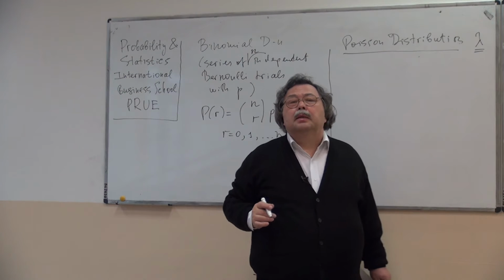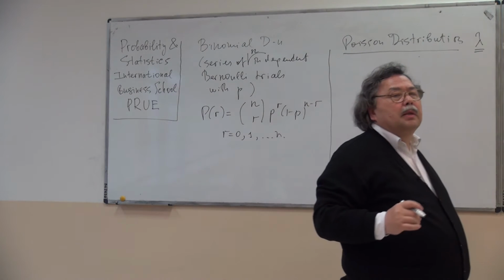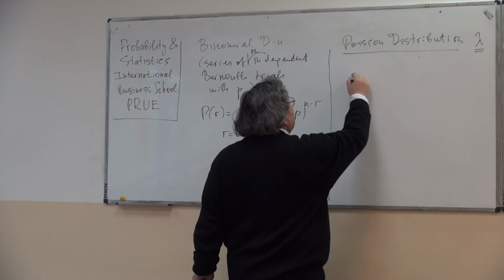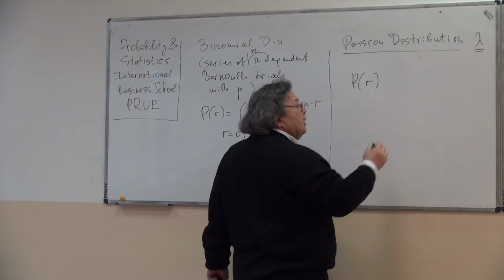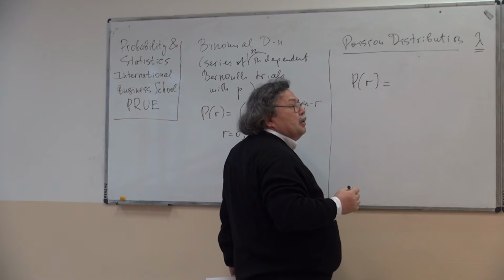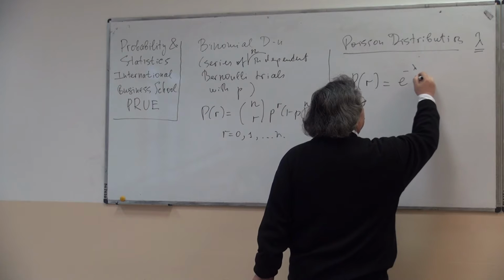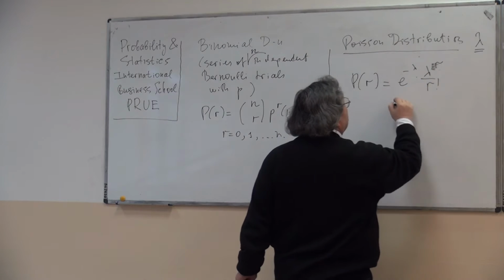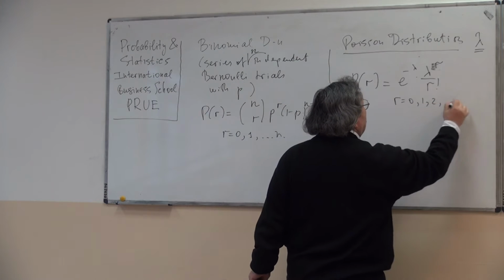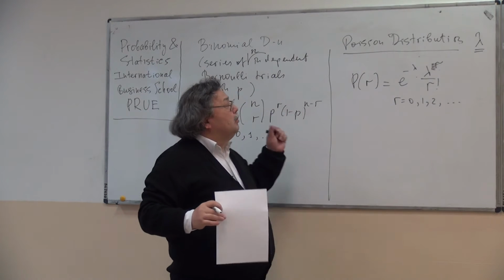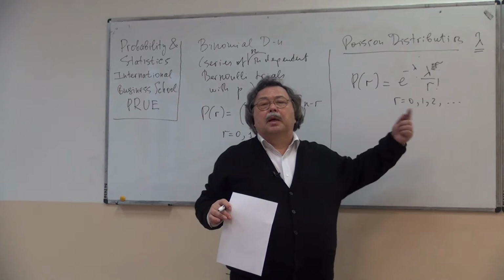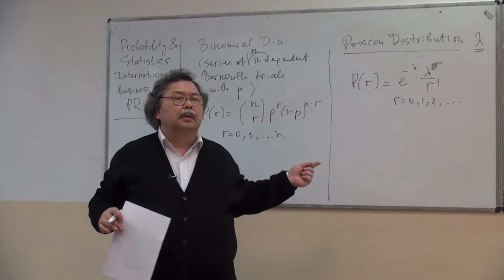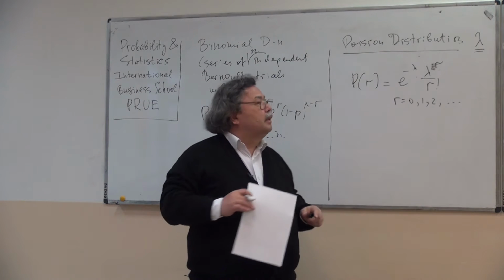Lambda, it's the Greek letter that conventionally denotes the only parameter that is in this distribution, and the probability of r occurrences of the observed event is e to the power minus lambda, lambda to the power r divided by r factorial. And unlike the binomial distribution, the list of possible values that R can take on in this distribution is infinite. It starts with a 0, but it never ends.